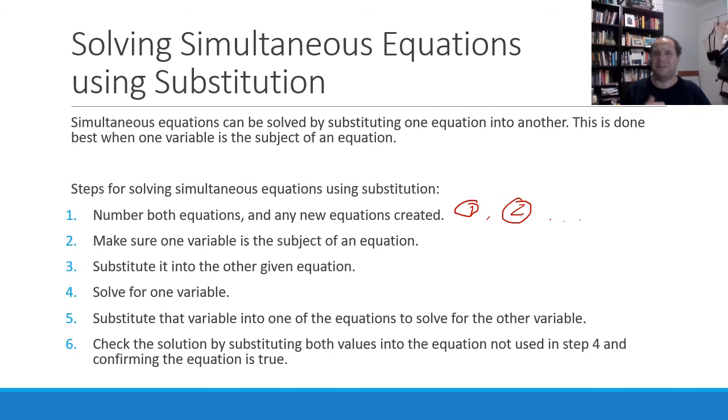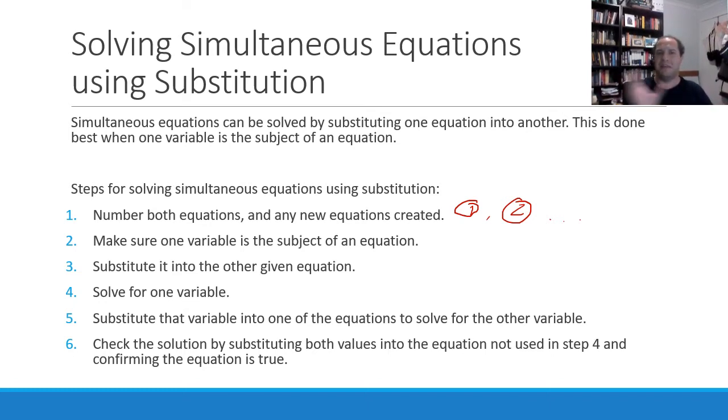You might need to do a little bit of rearranging to make one variable the subject, or on its own, in an equation. Once you've done that, you're substituting that equation into another, and that's where this whole name of substitution comes from. We'll see what that looks like in a moment.